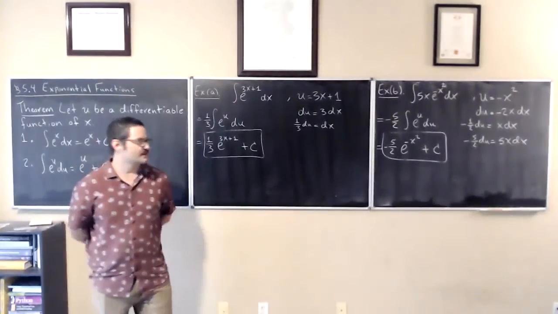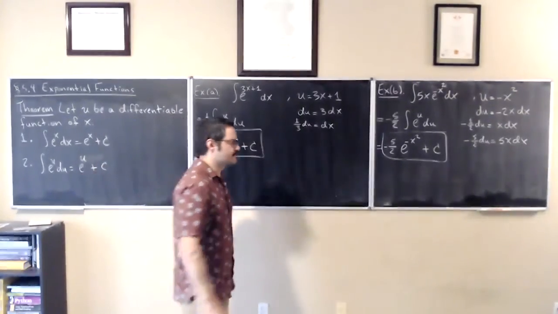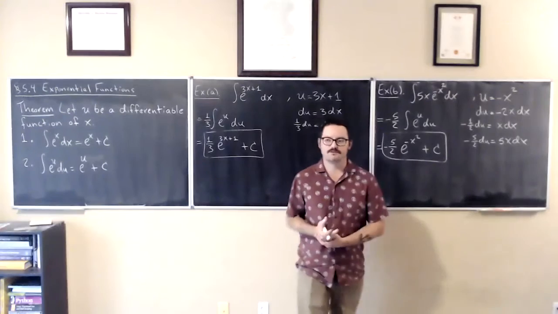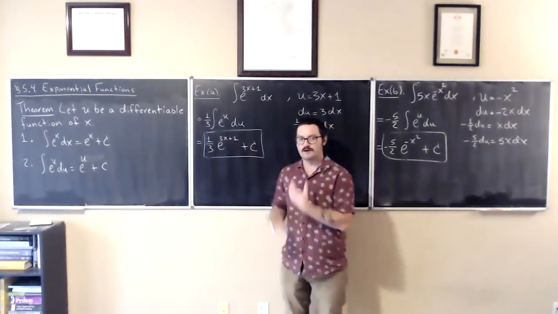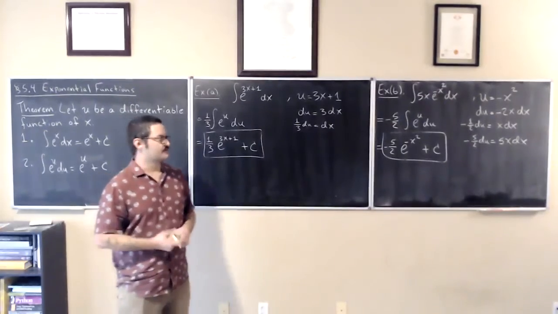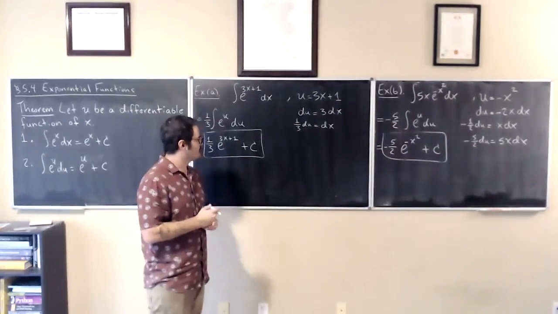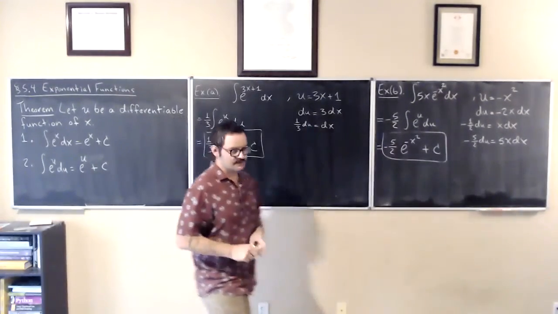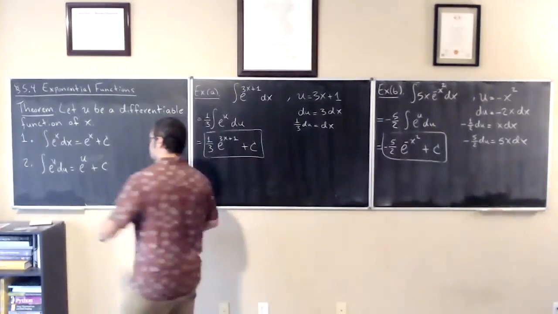So before we end today's lecture, let's do a definite integral. And the definite integral works the exact same way. We just define the antiderivative, evaluate the limits of the definite integral in terms of x or u respectively, and then that's it. Okay. So let's look at an example.